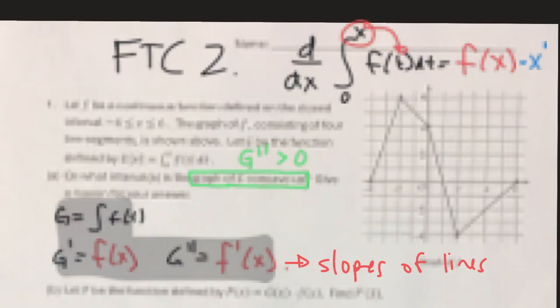So, where are our slopes for f positive? Well, this is a positive slope, right, because it's going up. And this is a positive slope. So, g is concave up. So, we would write this, right, if this were an FRQ for real, this is what we would write. So, this is the complete sentence. We're talking about the graph of g being concave up on these intervals, right?